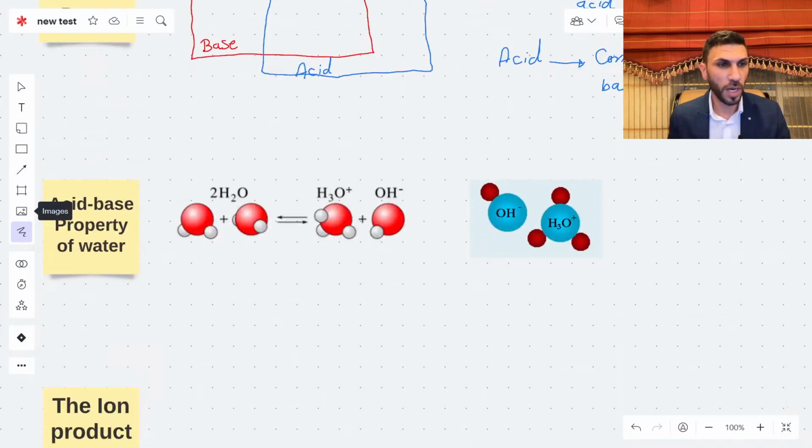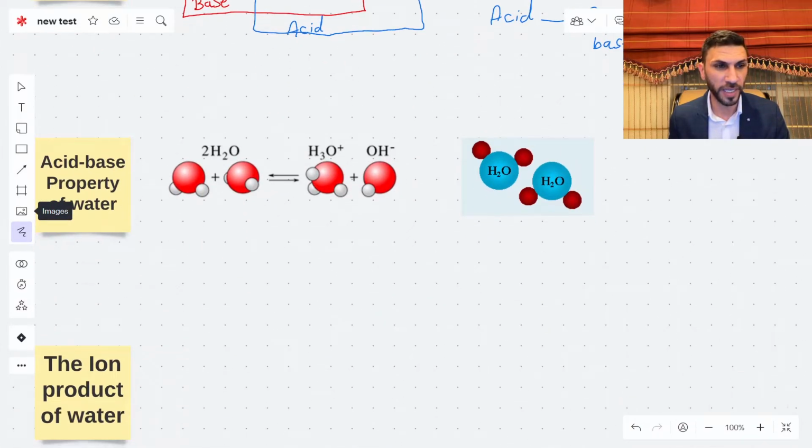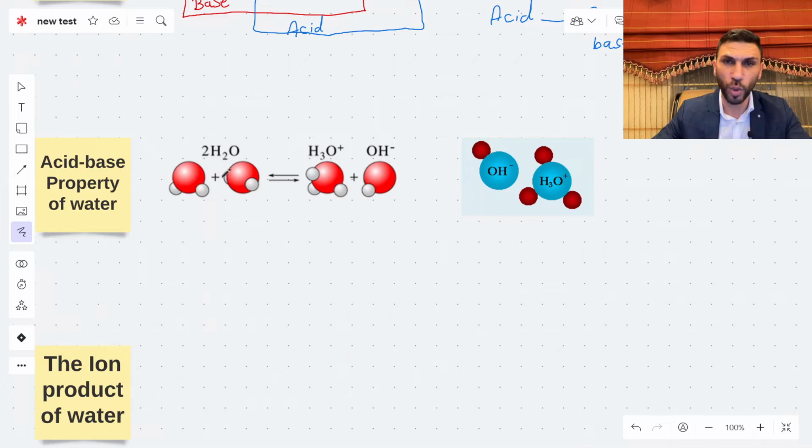Now, a new thing about the acid and base, we're talking about the water here. As you can see, two molecules of water, this is the first H2O.